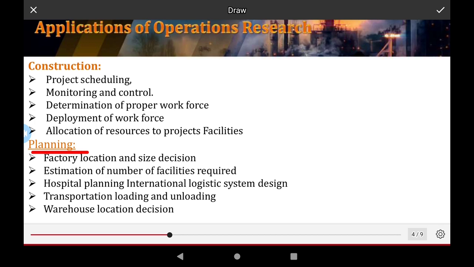Suppose your plant is established nearby water, with health facilities and transport facilities very good, nearby the market, nearby electricity, and related industries nearby your plant.